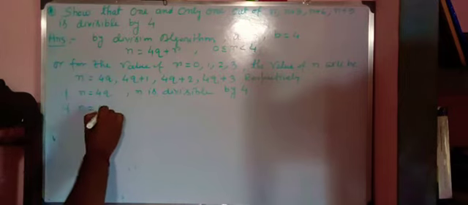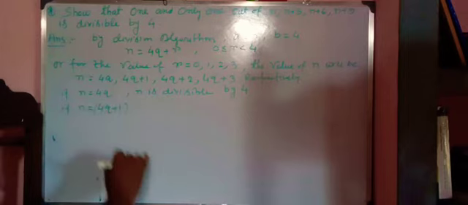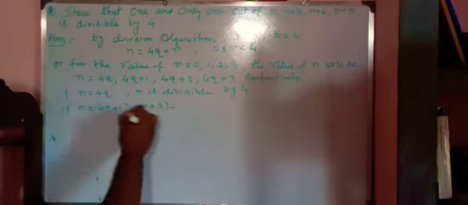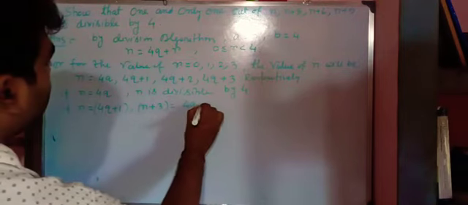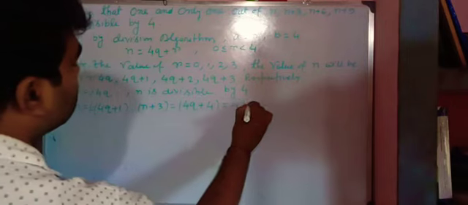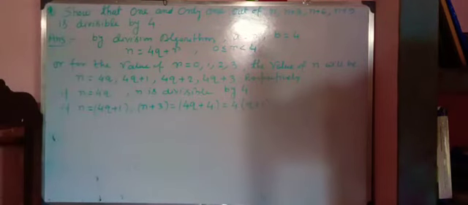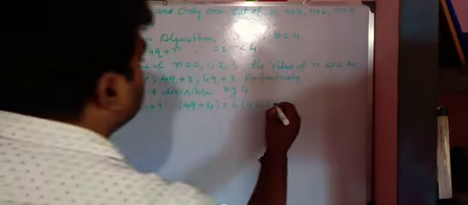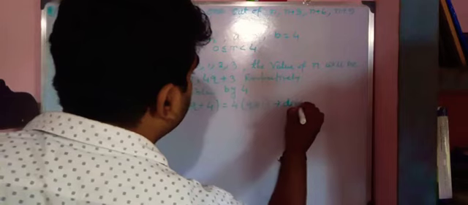If n is equal to 4q plus 1, then n plus 3 is equal to 4q plus 4, that is 4 into q plus 1, so it is divisible by 4.